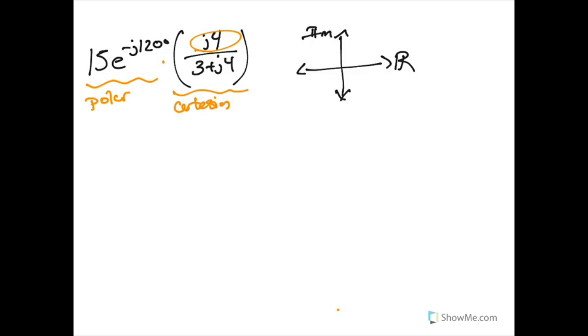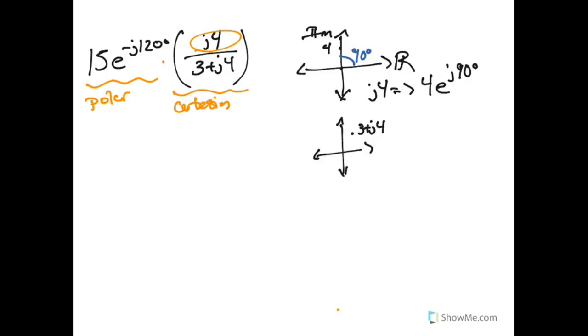So j4 has no real component and only has an imaginary component. So j4 actually is 4 e to the j 90 degrees. So this has length 4, but this is a 90-degree angle to get you up there. This was 5 e to the j 53.1 degrees.